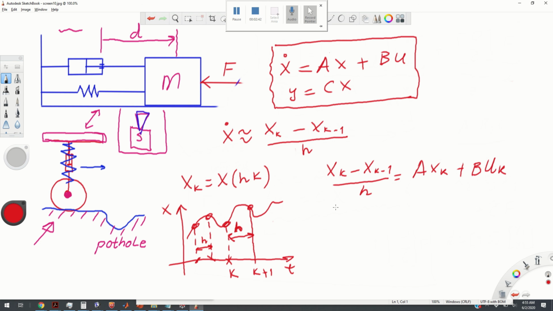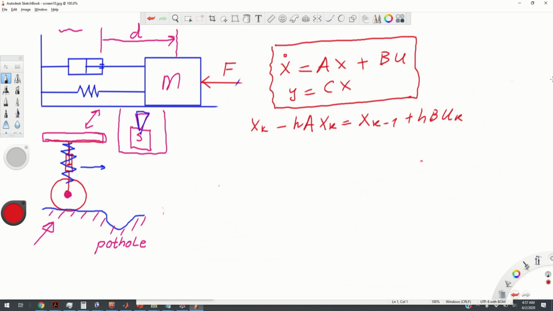Now, we can manipulate this equation and then we can express xk. So what do we have here? We take xk on the left hand side, and on the right hand side we are going to have minus ha xk, and on the right hand side we are going to have xk minus 1 plus hbuk. Now, this equation can be written as follows. Identity minus ha times xk is equal to xk minus 1 plus hbuk.